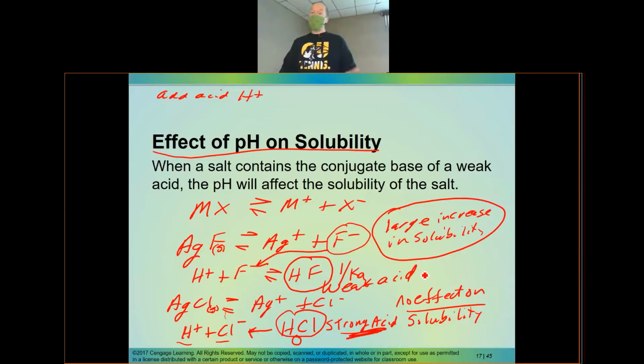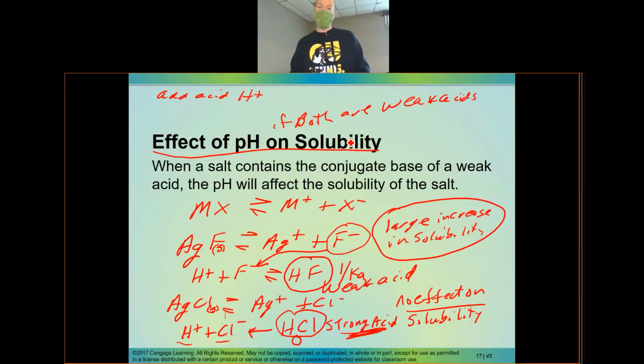If they're both weak acids, then of course the weaker acid is going to have the larger increase in solubility. So if both are weak acids, then the weaker acid has the biggest increase in solubility.